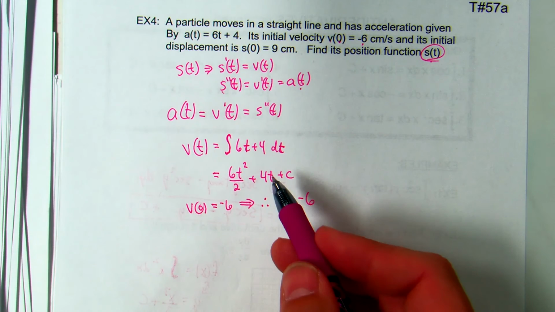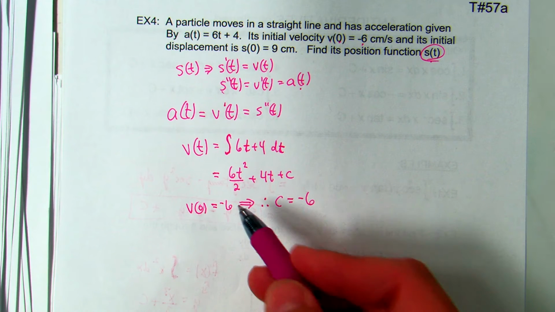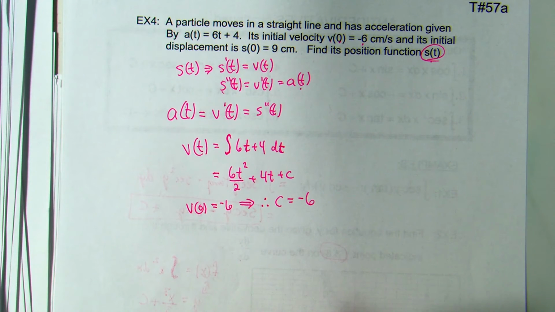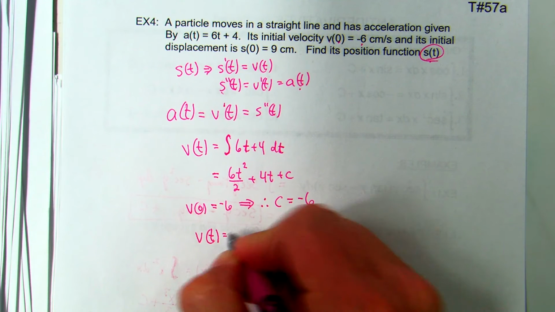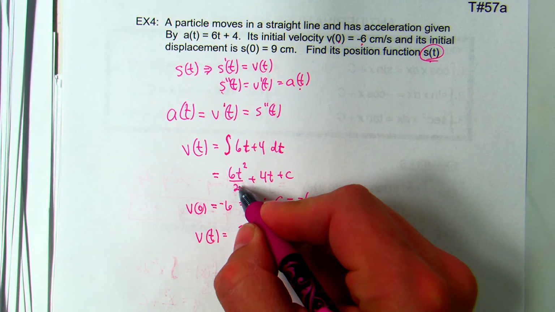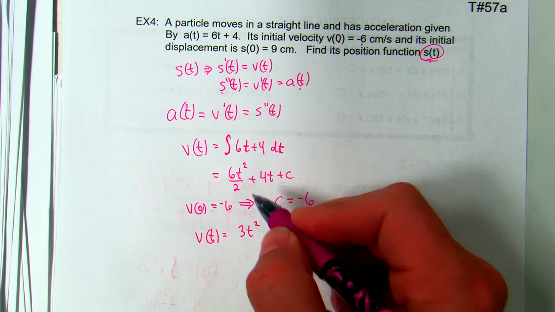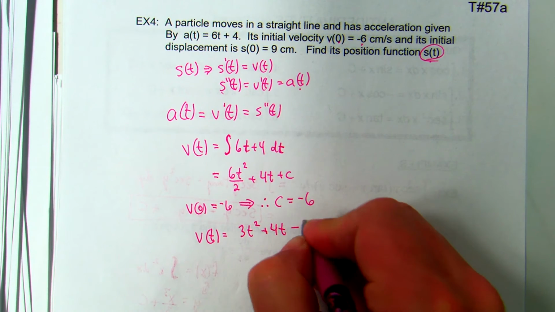I plug in 0 for t here, 0 for t there, and all I'm left with is c, so c has to equal negative 6. That helps me out because now v of t is equal to 3t squared, simplifying 6 over 2 down to 3, plus 4t minus 6.